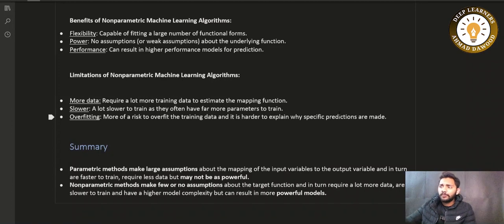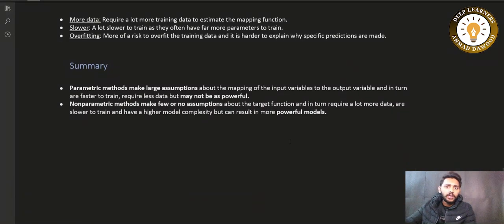If we summarize both parametric and non-parametric models, the basic underlying difference is that parametric models make some assumption and then finalize that assumed mathematical form by feeding the training instances. And if you are making a right assumption and your assumption proves right, then you will get a good model, but if it becomes wrong, then you will fall into underfitting.